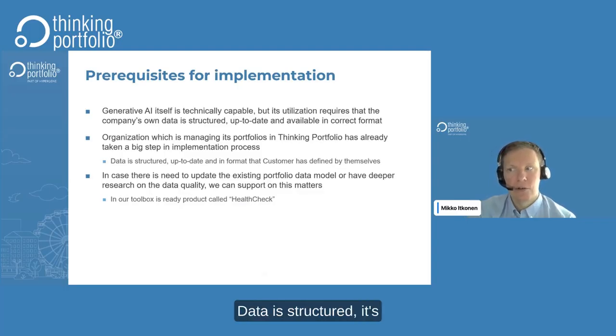Data is structured, it's up to date, and it's defined in a format that the customer is already using in their everyday operations. The terminology and all the fields and the data are familiar to the customer.